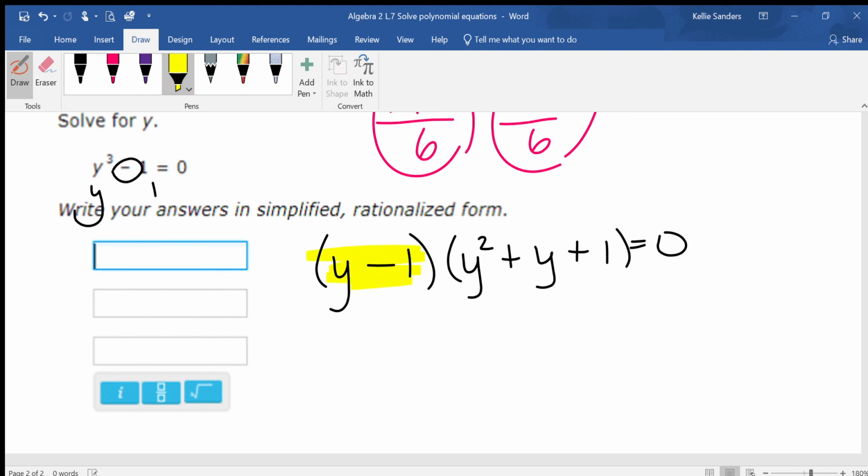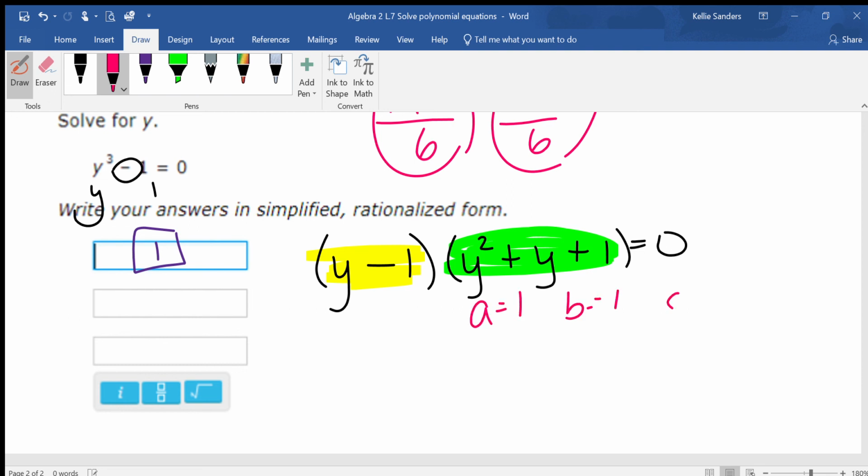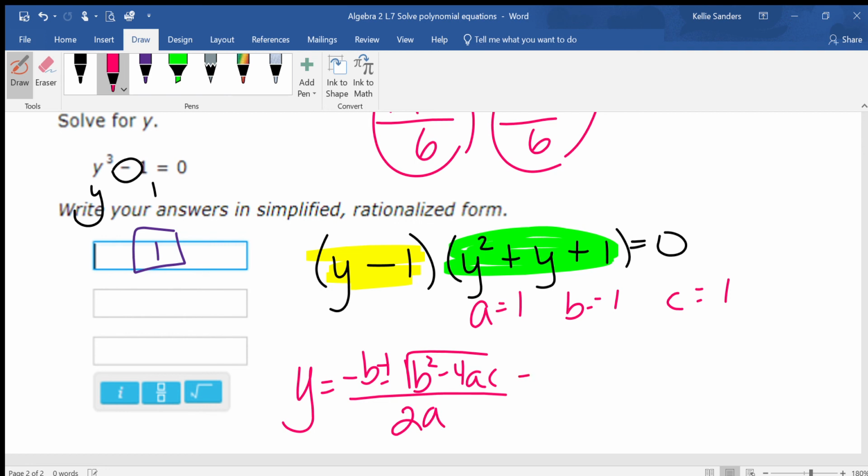This 0 is easy. It is 1, because 1 minus 1 is 0. This 0 is not so easy because it is not factorable, because 1 times 1 is 1, but 1 plus 1 is not 1. So we have to do A is 1, B is 1, C is 1. So y equals opposite B plus or minus square root B squared minus 4AC all over 2A.